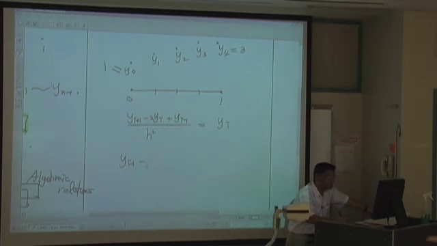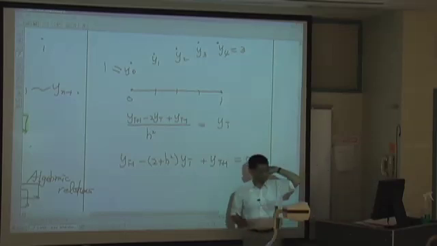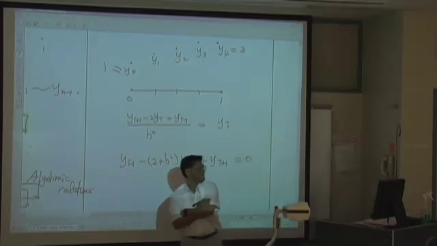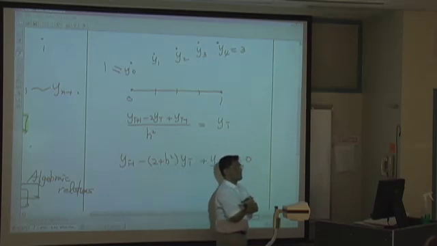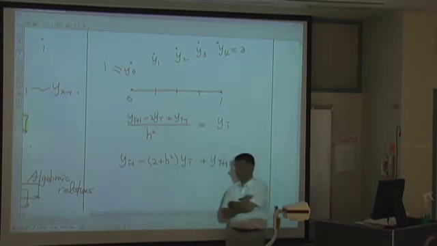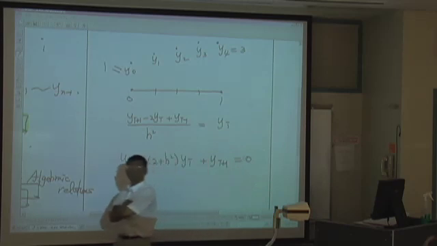Then I just simplified these things. So we create the generic algebraic relation.